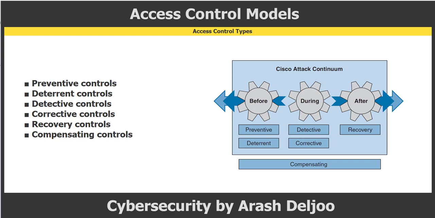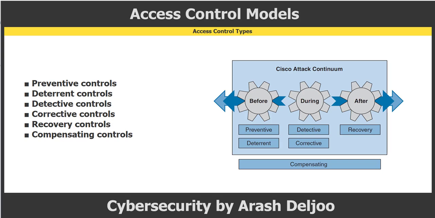Both classification approaches can work at the same time. For example, encrypting data at rest is a technical control aimed at preventing unauthorized access to the data itself. Let me explain first about the preventive controls.